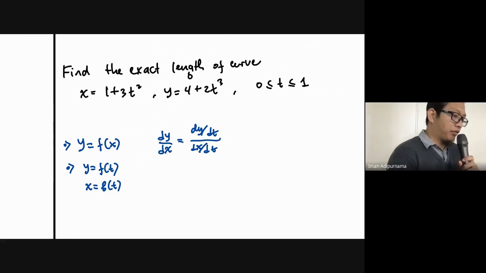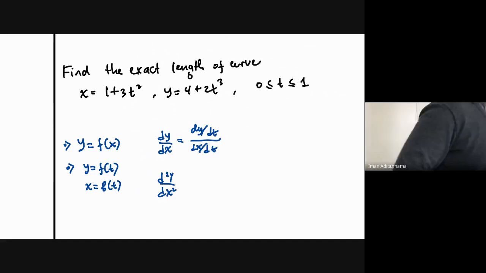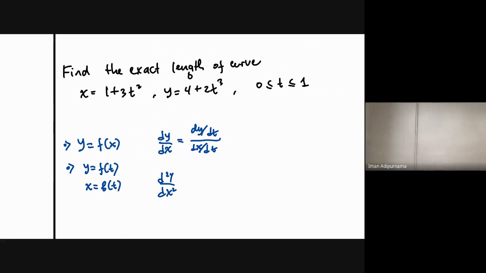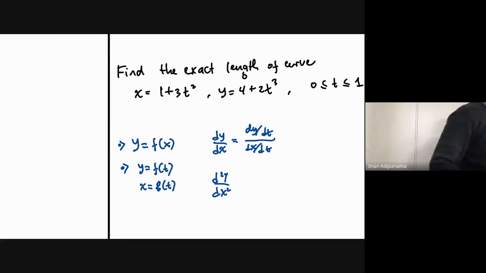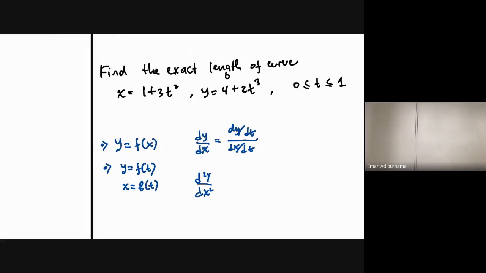Okay? But to find the second derivative, this is quite tricky. We cannot derive from each of dy over dt and dx over dt. What we can do is relate to our definitions, in which y is a function of x, and y and x are functions of t.